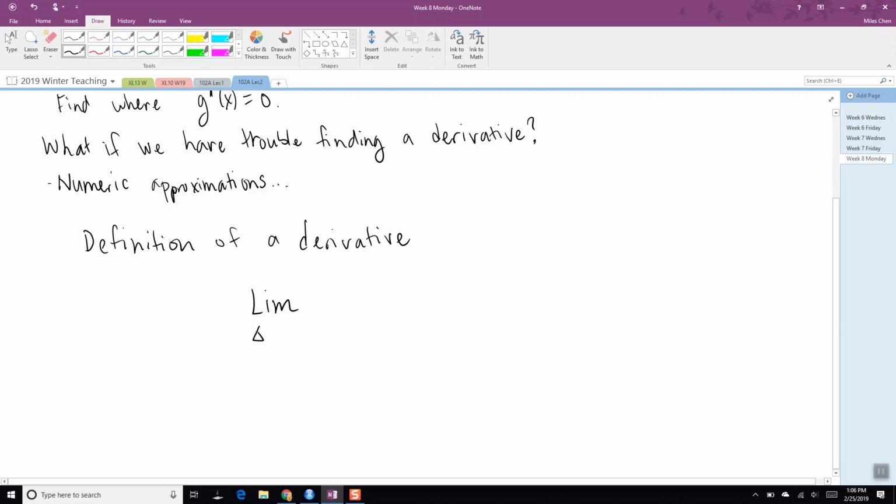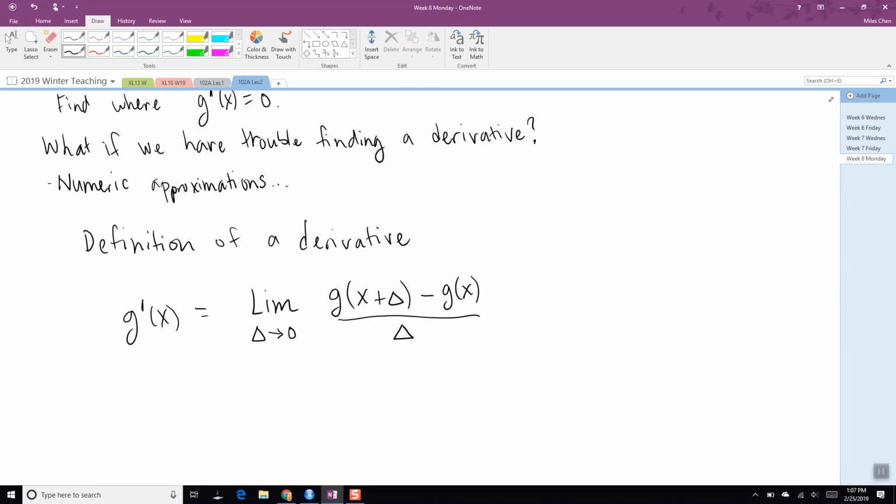Okay, we're going to say limit as delta goes to 0 of, using g, g prime of x. This is just a single prime. So g prime of x is equal to the limit of g of x plus delta minus g of x, divided by delta, as delta goes to 0. This is the idea of our derivative.